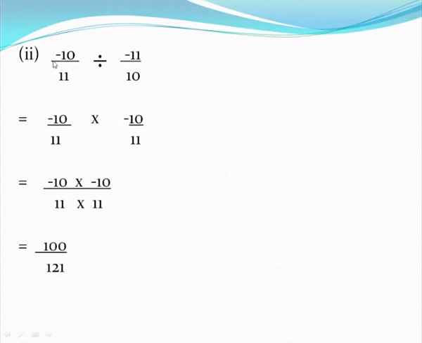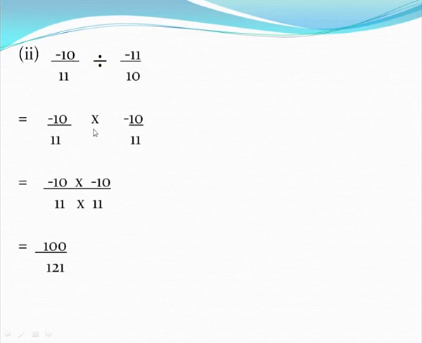Second example, negative 10 upon 11 divided by negative 11 upon 10. Again, dividing one number by the other means multiplying one number by the reciprocal of the second. That is, you will write the first number as it is. The first rational number will be written as it is.